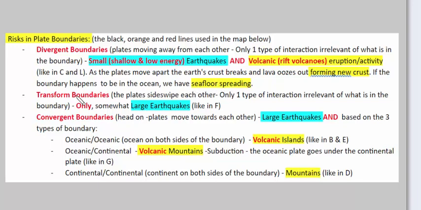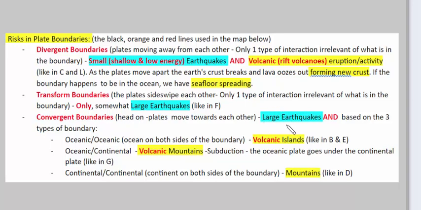Transform boundaries, that's when they sideswipe each other. They result only in large earthquakes. The intricate one is convergent boundaries. They also result in large earthquakes. Think of head-on collisions. Head-on collisions shake both people and cars.